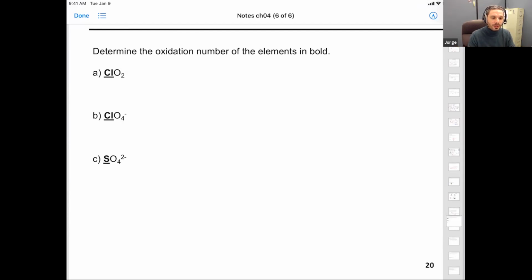And I'm asking you to find the oxidation number for sulfur. Remember that the meaning of the oxidation number is that the electrons are close to one element when it is negative, or far from this element when it is positive.